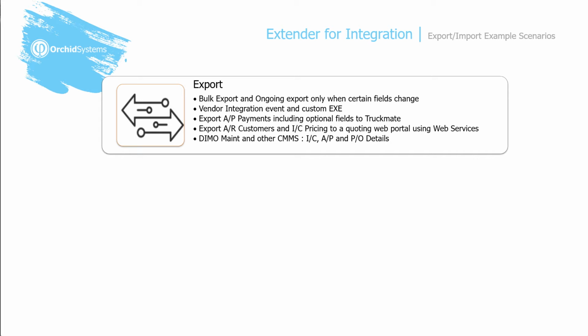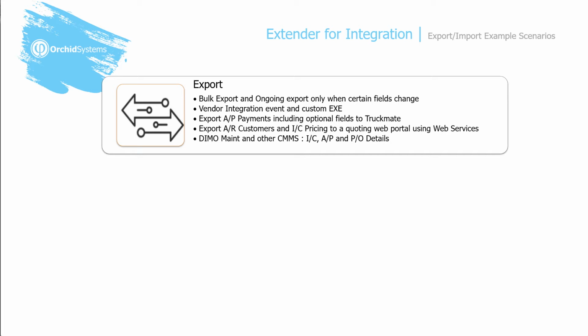We can also use Extender to export AP payments, including optional fields, to specialized software like TrackMate, a specialized routing and transport management system. We have developed examples where we export AR customer details and IC pricing details for a quoting cloud-based web portal, and that's exporting in a web services format.